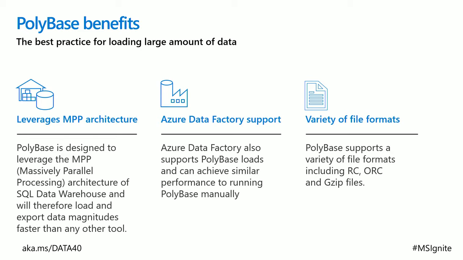The compute layer is effectively the massively parallel processing architecture, right? It gives the ability for PolyBase to make use of all the available nodes within your data warehouse, which will load and export data a lot faster than SSIS and BCP, right?